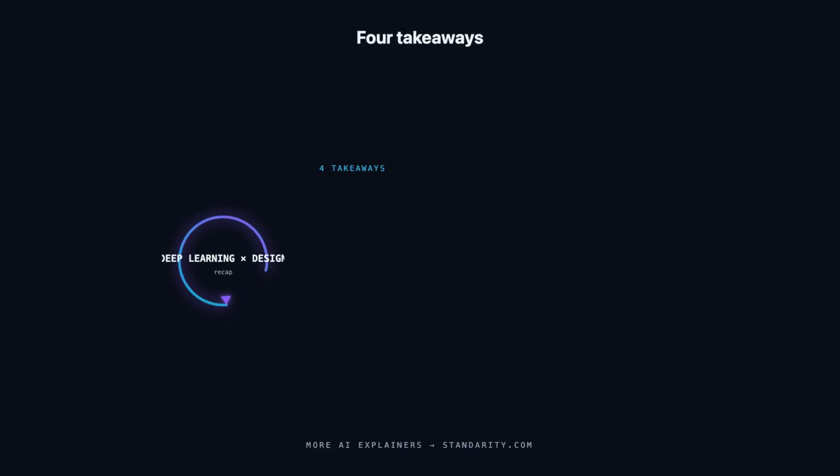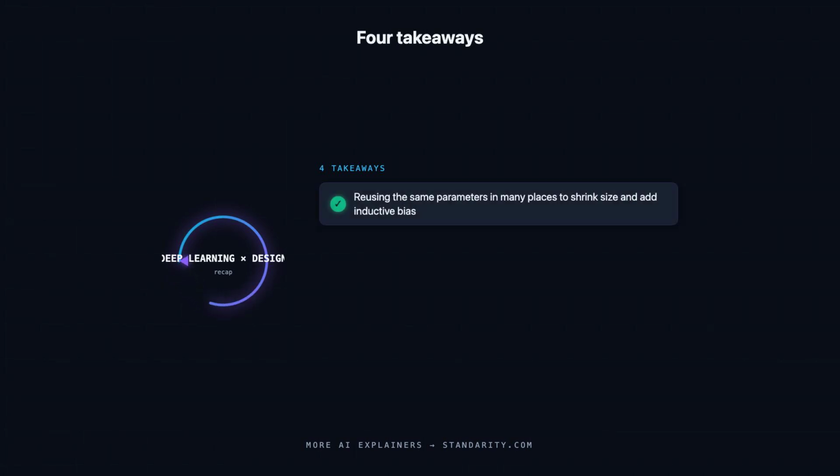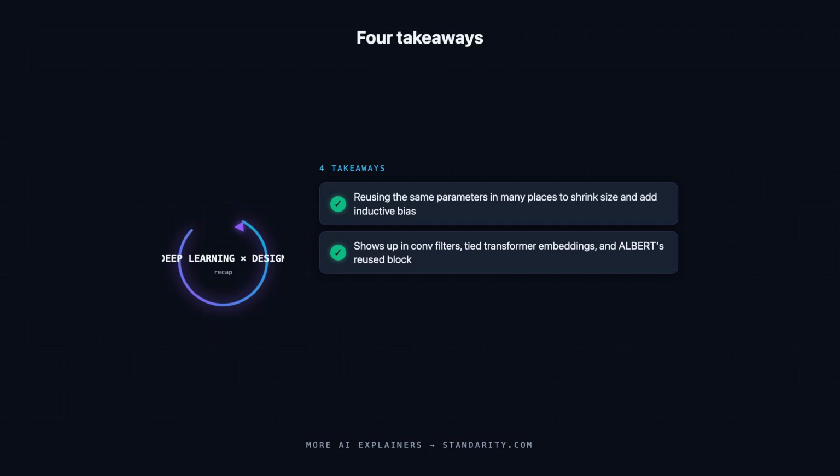Alright, let's lock in what matters. Weight sharing means reusing the same parameters in multiple places within a model, which shrinks its size and can add a useful inductive bias. It appears throughout deep learning. Sliding filters in convolutions, tied input and output embeddings in transformers, and one block reused across all layers in ALBERT.